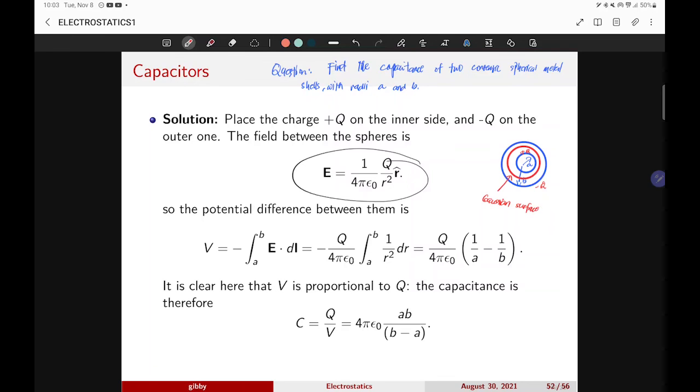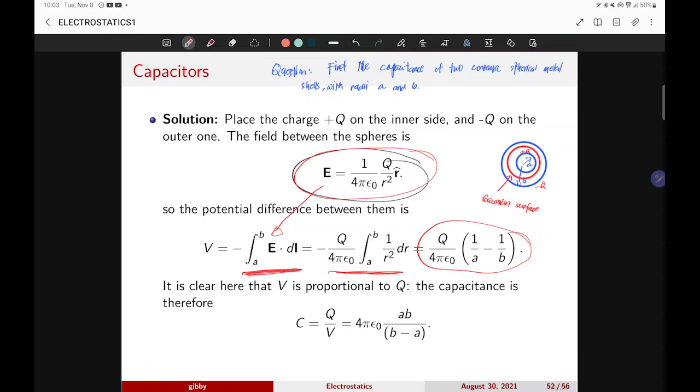Using Gauss's law, the electric field is given by this. Okay? So the potential difference between them is kanilang equation gamiton. Right? That's between A and B. We get this one. Substitute mo electric field here. And just simply integrate, you get this one.